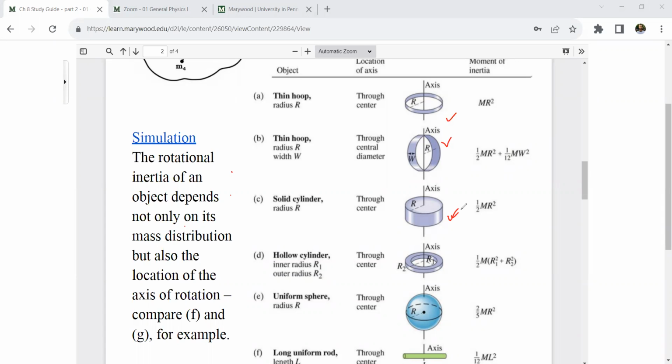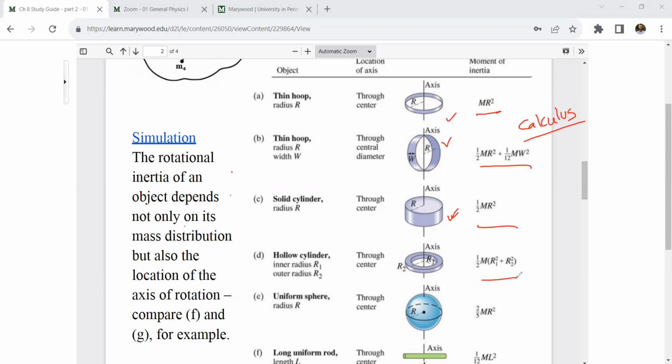Now to determine the moment of inertia for these objects, we need to use calculus. But this is an algebra-based course, so I'm not going to introduce calculus and show you how to derive these quantities. Instead, we are going to use this chart.